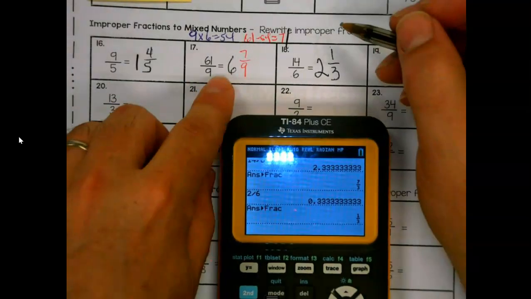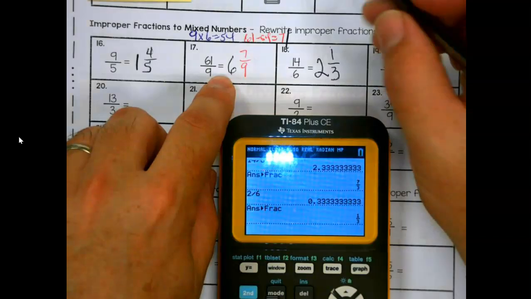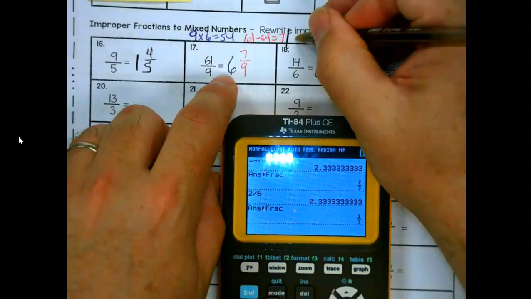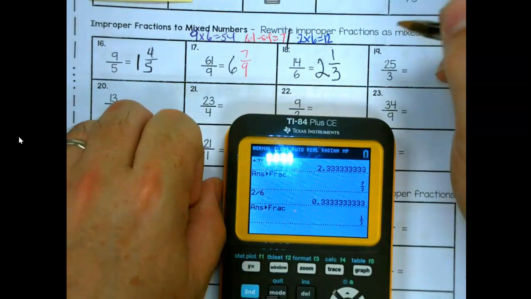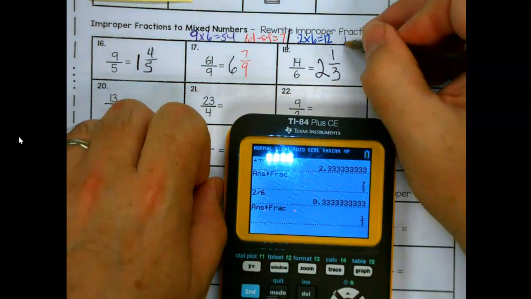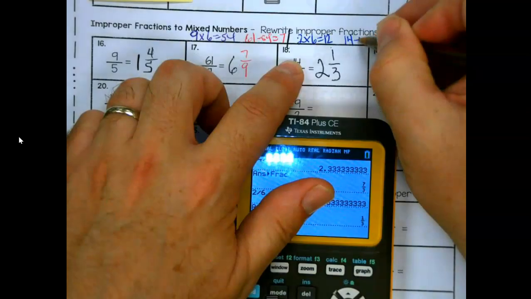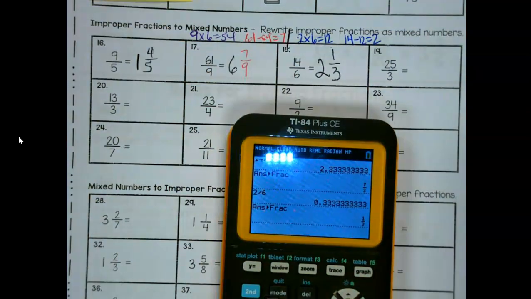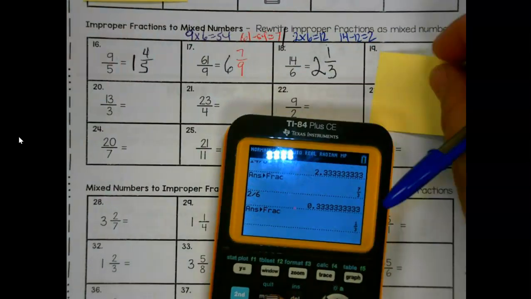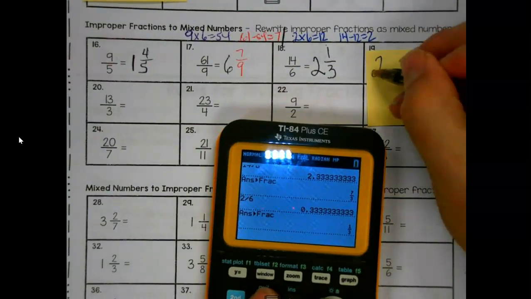If we try the same trick we did here, where we do 2 times 6 is 12. 14 minus 12 is 2. You're like, wait a minute. Hardy, did you do something kooky? We did not do something kooky.